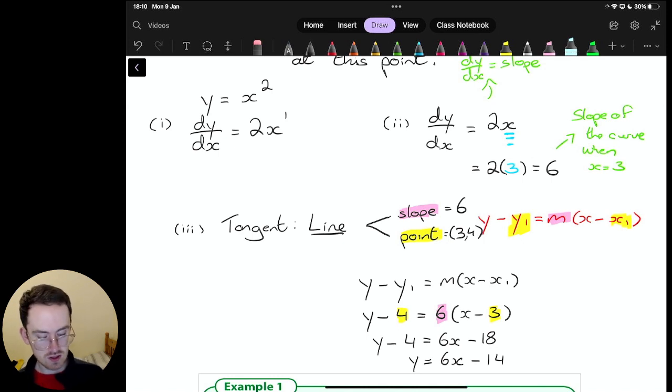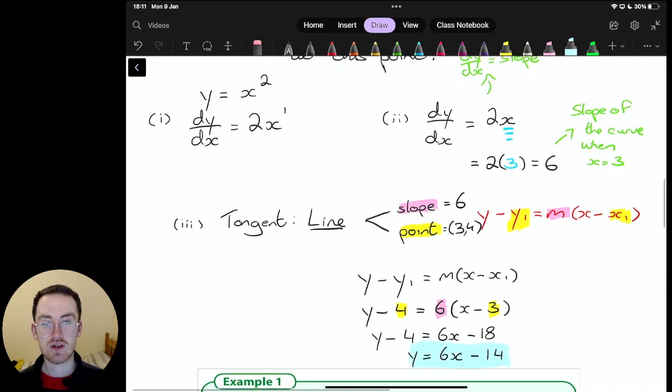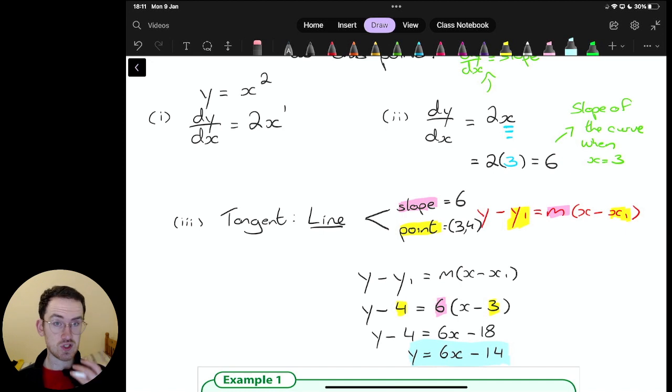And that is our answer. That is the equation of the tangent to the curve at this point. So we knew that it had the same slope as what we'd found earlier for the slope at that point, dy/dx, and then we used the point itself and our equation of the line to find the equation of the tangent.